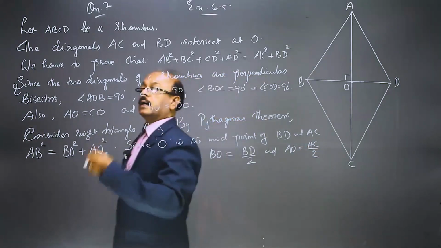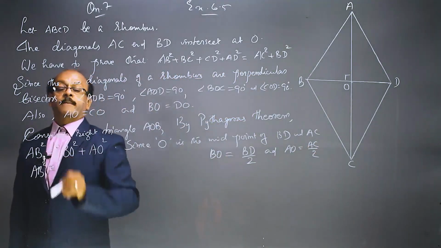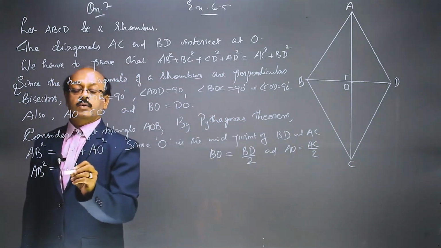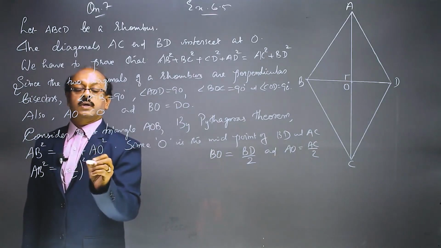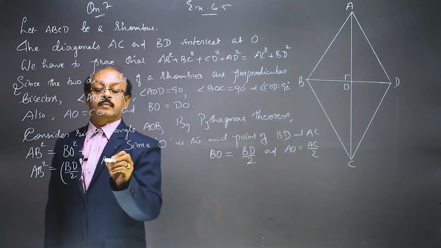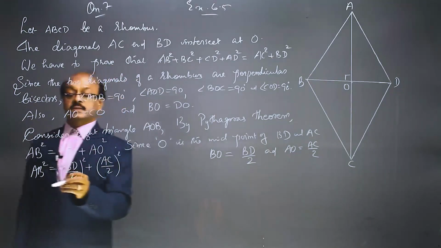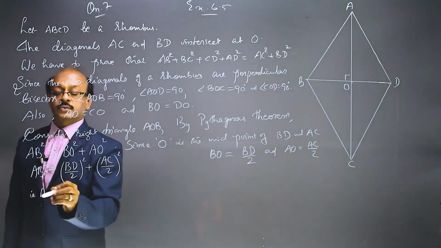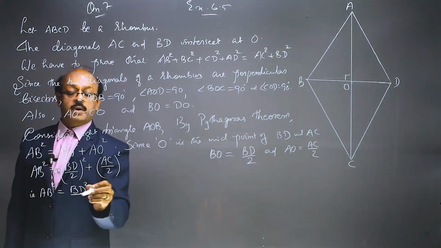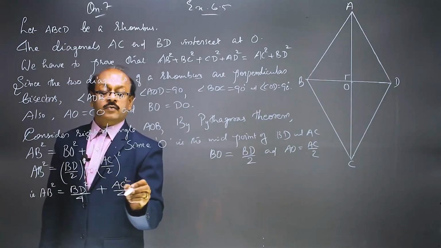Therefore, this relation becomes AB square is equal to BD by 2 the whole square plus AC by 2 the whole square. That means AB square is equal to BD square by 4 plus AC square by 4.